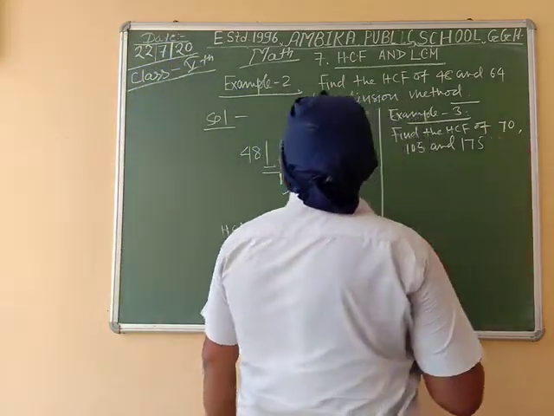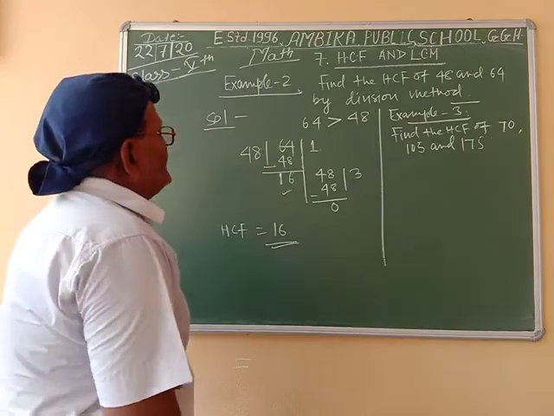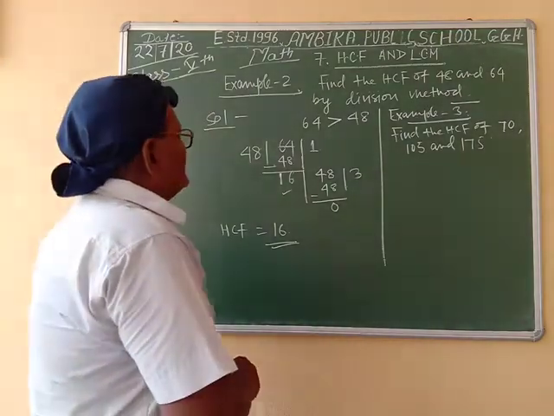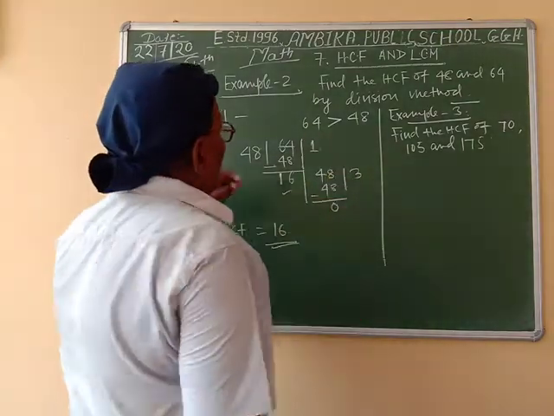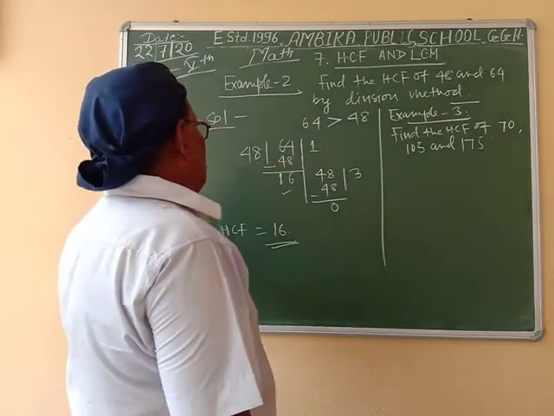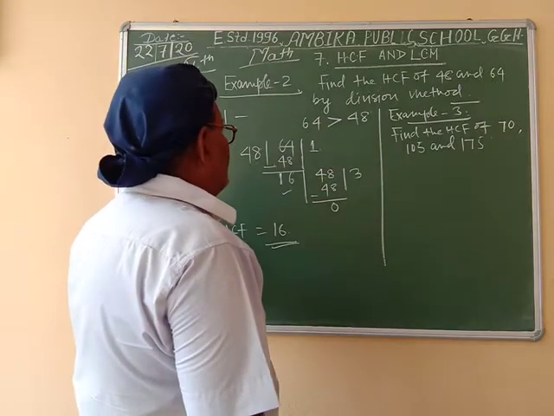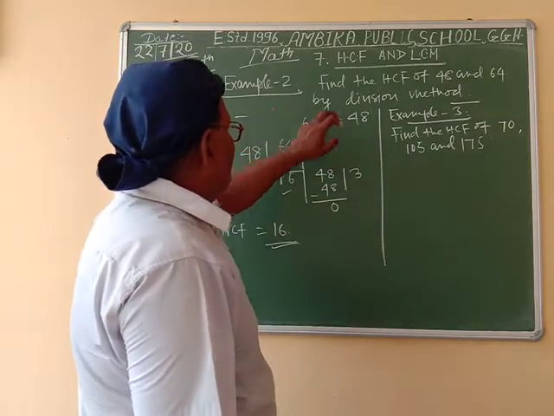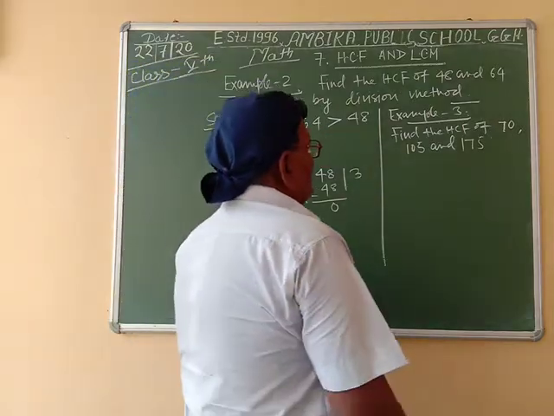In example 2, I taught you that first of all we divide the greater number by the smaller number.